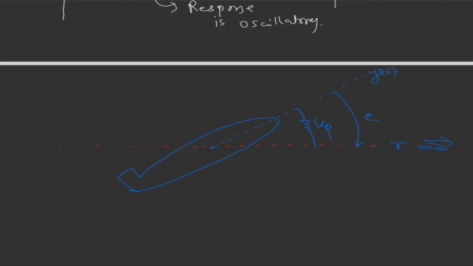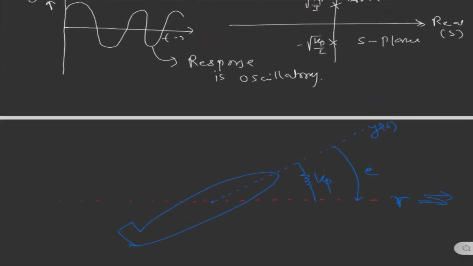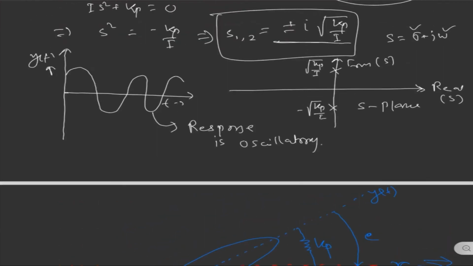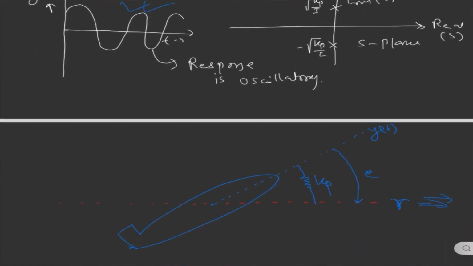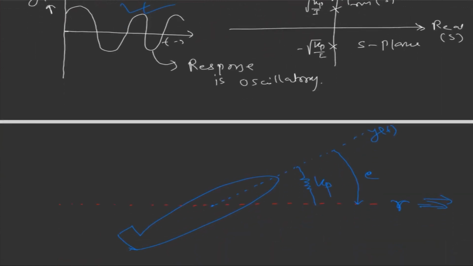So it means the aircraft will oscillate about the reference line r, with the oscillation frequency omega root over kp by I. So this is practically happening. The aircraft will not come to the reference line, because of the nature of the system response. The aircraft will oscillate about the reference line. This is actually what will happen.